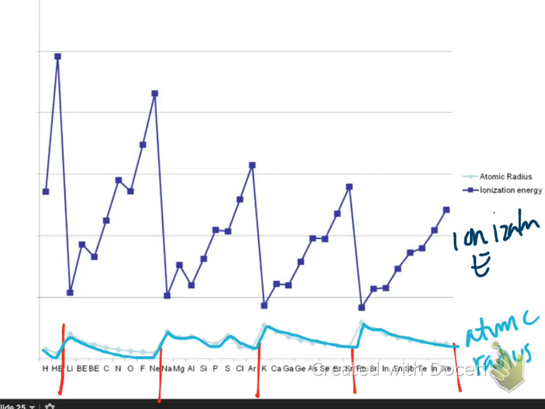So most of you noticed right off that, hey, as one goes up, the other goes down, which we talked about. But did you notice also, for each period, these two are the first period. So here's hydrogen, here's helium. The highest ionization energy in its period is the noble gas.